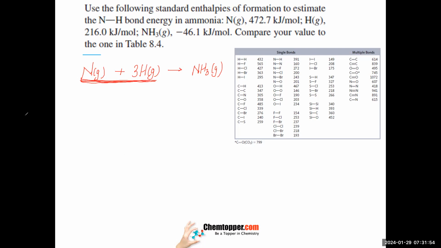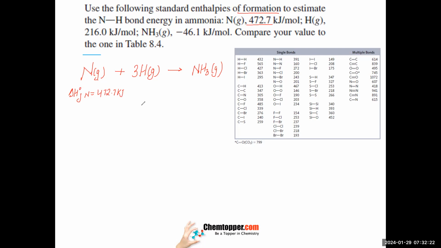So they are saying now, what is given? Their enthalpies of formation. So delta H naught formation of nitrogen is given. It's not zero because it's not a stable elemental form. You can see the value? It's not zero. Why is it not zero? Because it is not the stable elemental form.